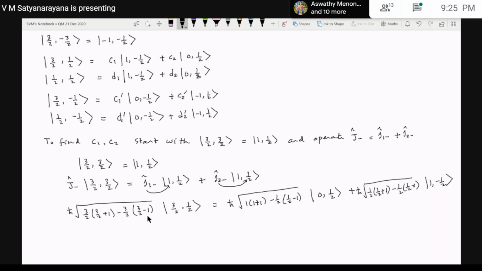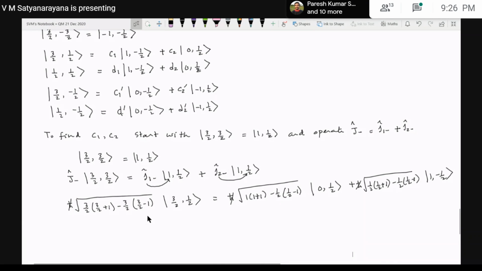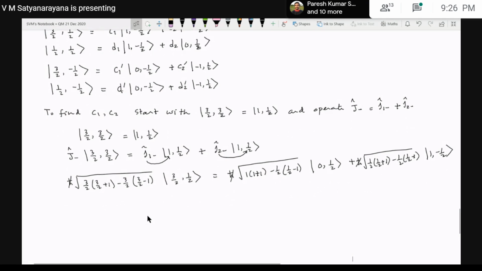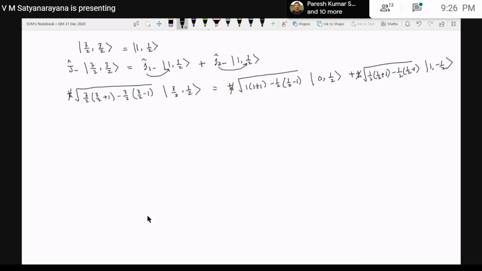So now you can see that 3 by 2 plus 1 is 5 by 2. 5 into 3 is 15 by 4. So I have 15 by 4. 3 by 2 minus 1 is 1 by 2. So 15 by 4 minus 3 by 4, that is 12 by 4, which is equal to 3.